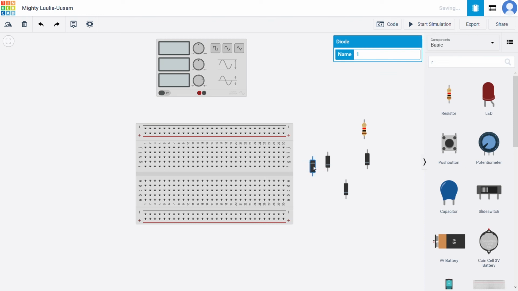Now I'm going to place the diodes like this, like this, and like this.